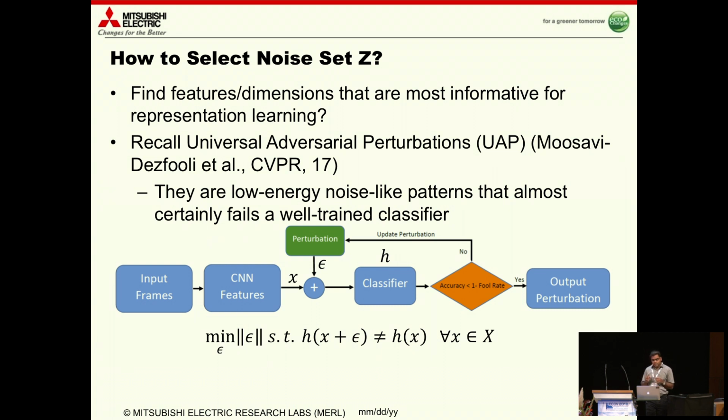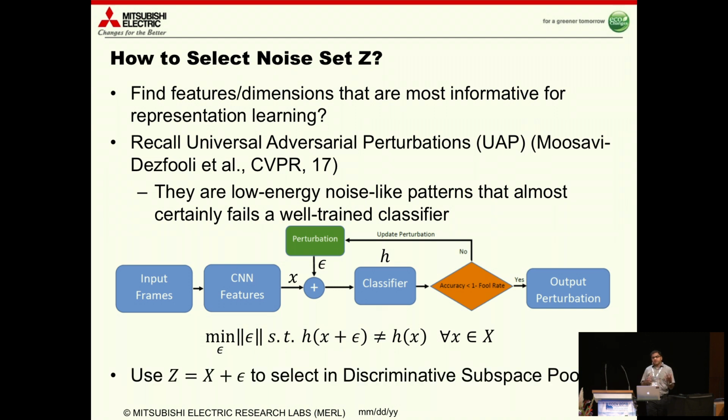And since you are looking for the minimum strength perturbation, this optimization problem is looking at those features or patterns or dimensions of your data which are highly sensitive to such misclassifications or sensitive to generating errors.